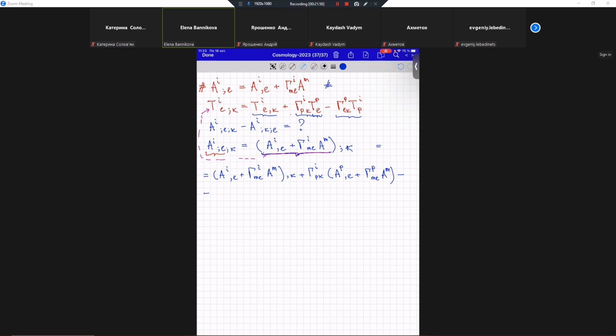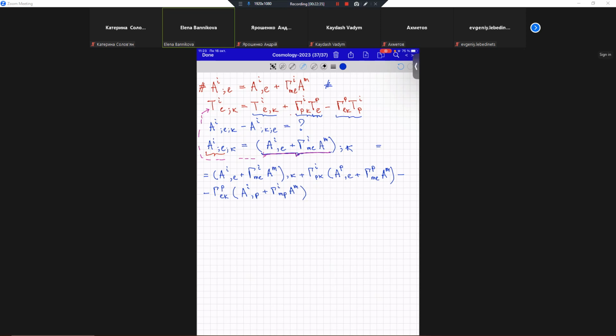So I write gamma P L K, and I need to put again what is in parentheses, but instead of L, I need to put P. So it means A_I derivative P plus gamma I M P A_M.